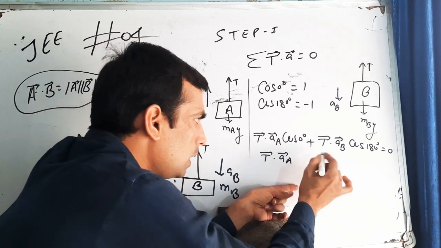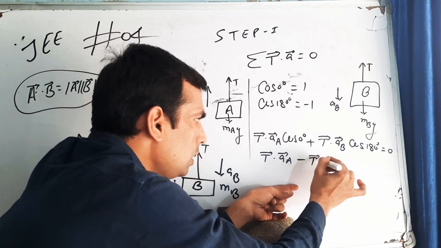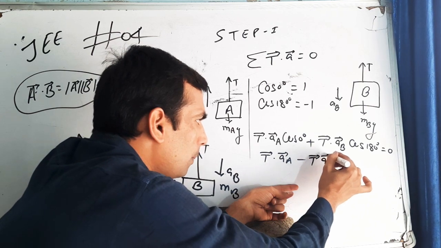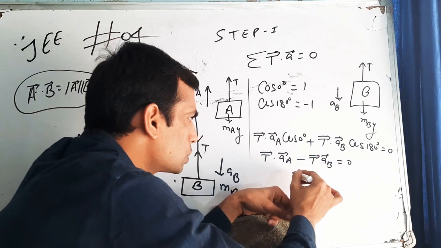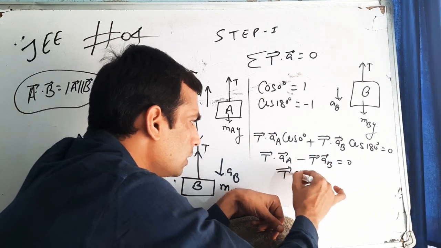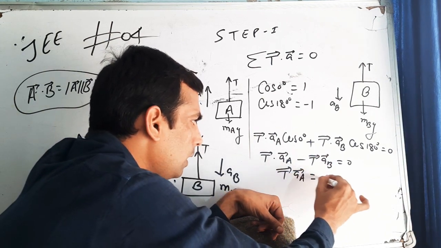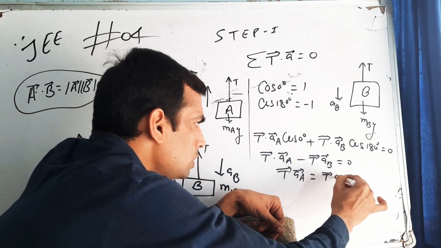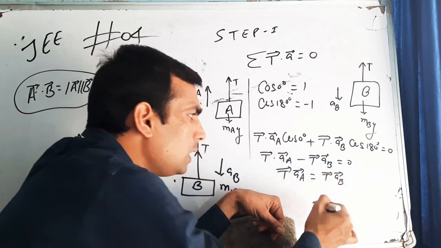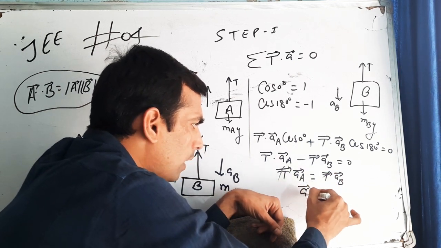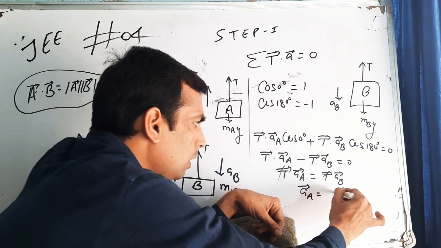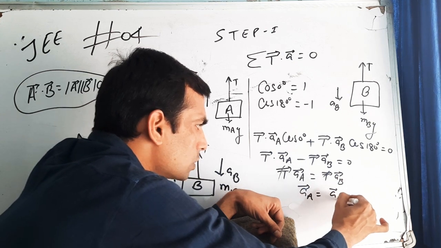So this is minus T dot acceleration of B, which is equal to 0. You can equate both sides. So this is T dot acceleration of A equals T dot acceleration of B. So T gets cancelled. So what is your final answer? Acceleration of A equals acceleration of B.